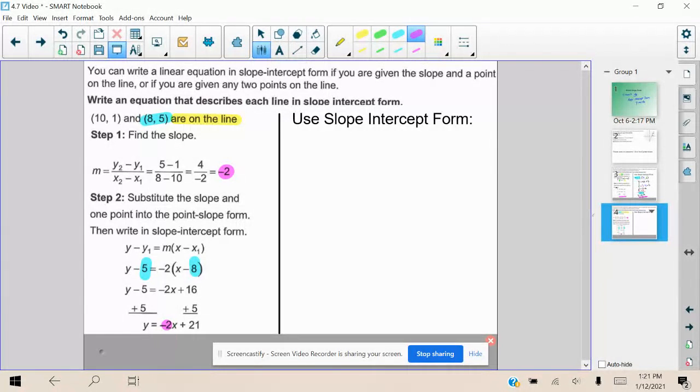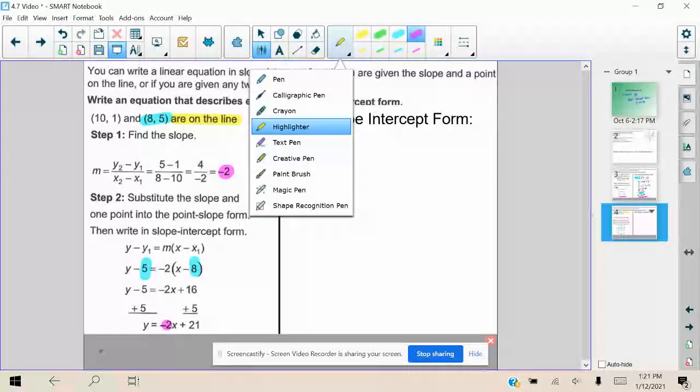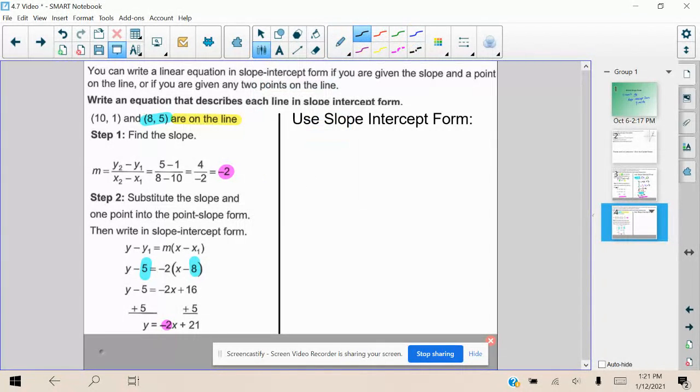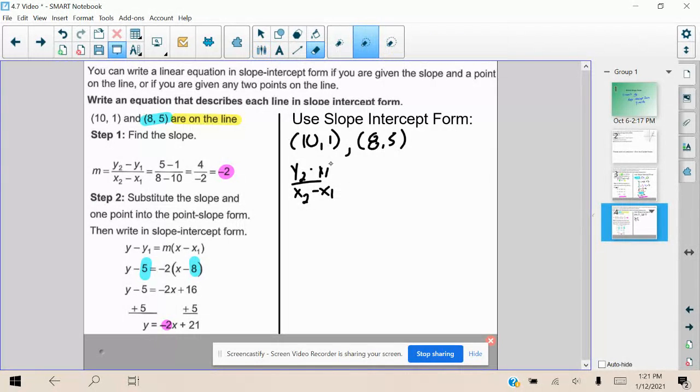Now, we can do the same process again, but using slope-intercept form. So the first thing is still the exact same. We have two coordinate points, 10, 1, and 8, 5. We're going to find the slope, again, which is y2 minus y1 over x2 minus x1.